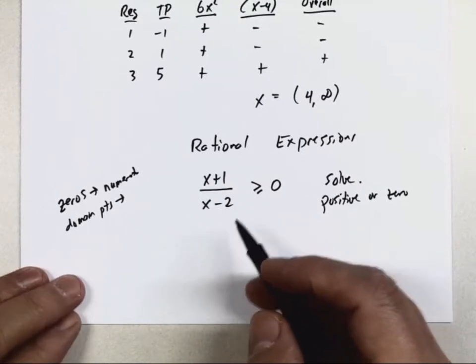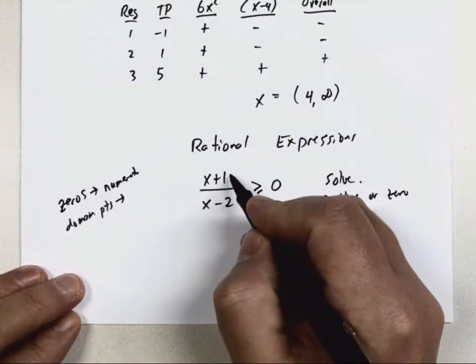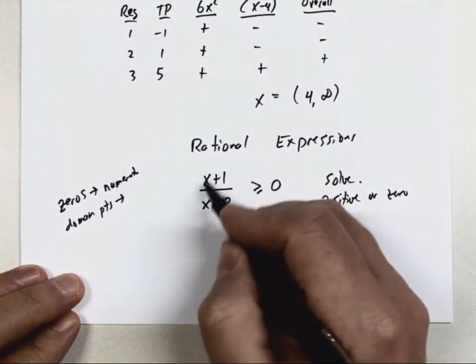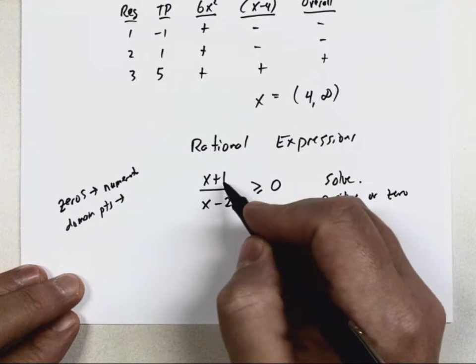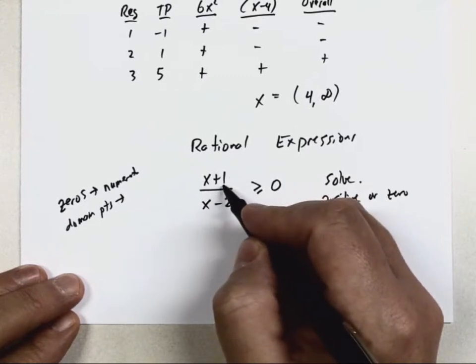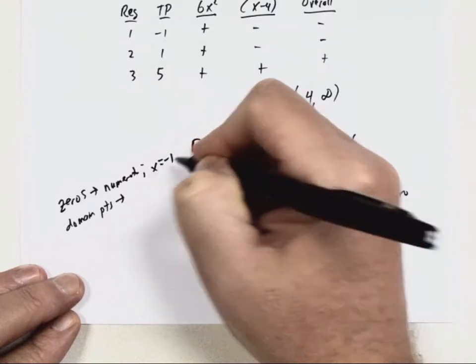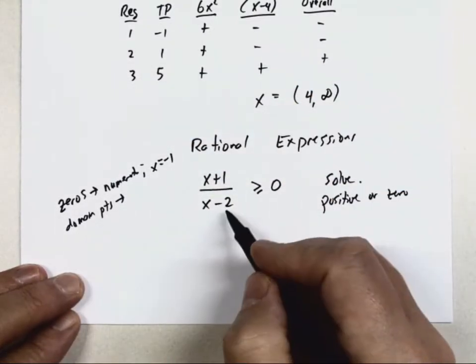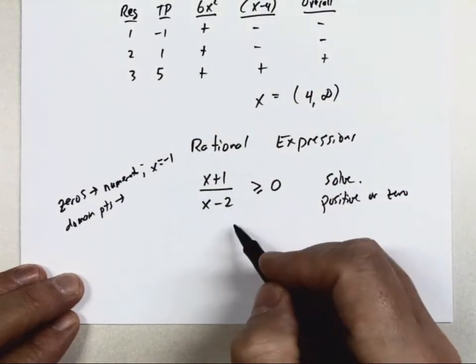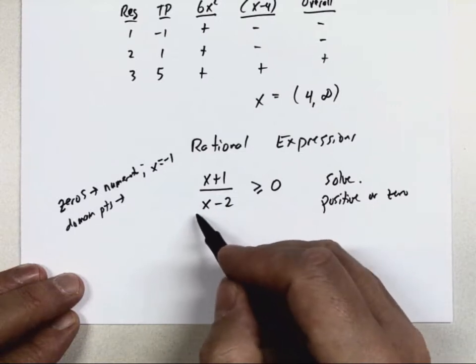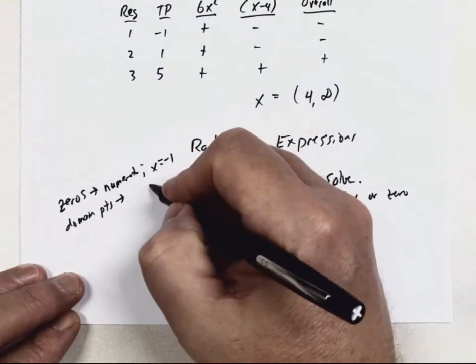So here's what we do. We look at the zeros. The zeros, you look at the numerator and say what values of x would cause the numerator to be 0. But these domain points, you also have to go look at the bottom and ask what values of x would cause the bottom to be 0.